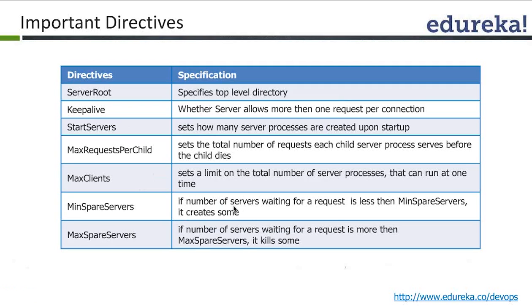Now, if there are thousands of them, it's very difficult for your server to handle, and it starts going slow. So instead of waiting for some client to come, you keep some minimum servers ready, and if you feel the load is going down, you kill some. So that is what these min and max servers are.